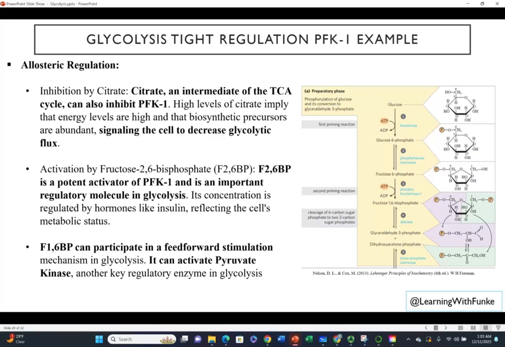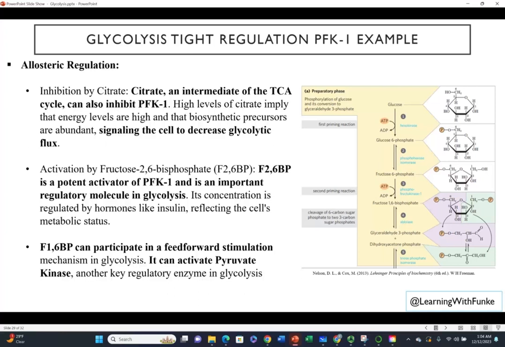Other examples of allosteric regulation of PFK1 include inhibition by citrate. Citrate is an intermediate from the downstream TCA cycle, and this metabolite can also inhibit PFK1. When we have high levels of citrate, what does that mean?